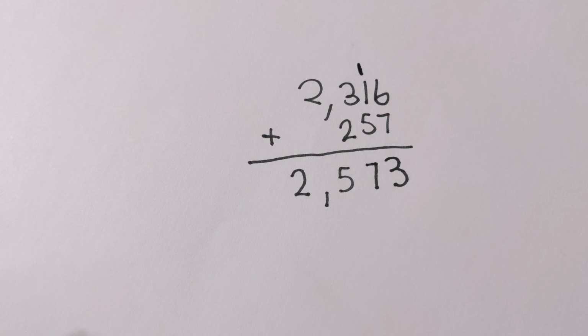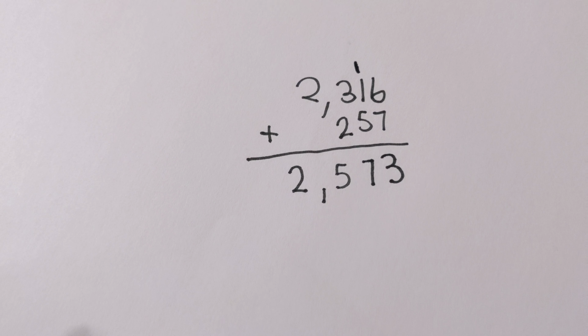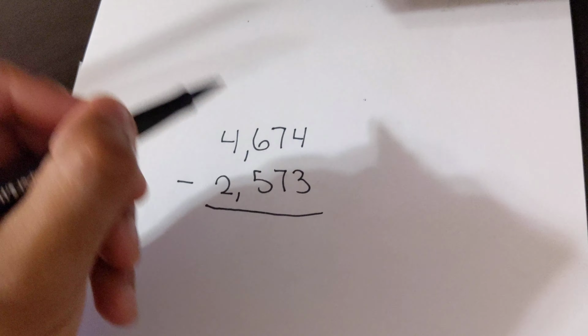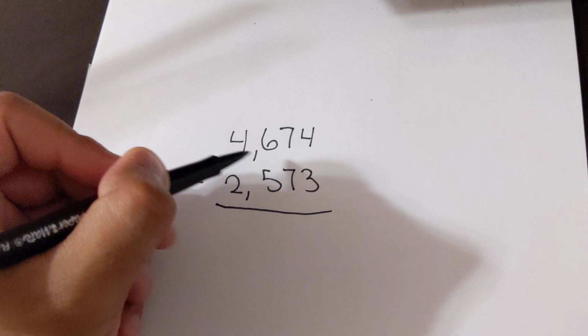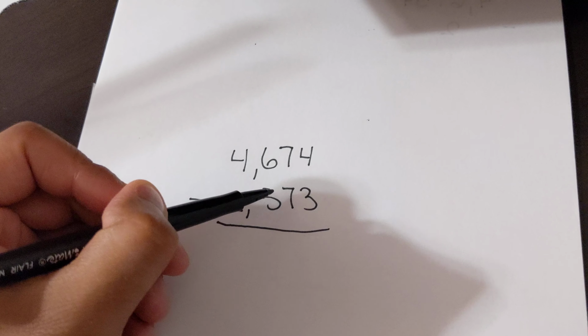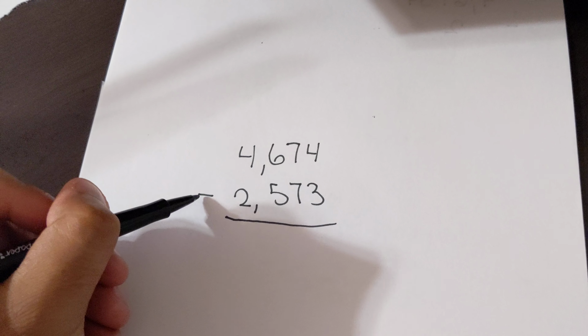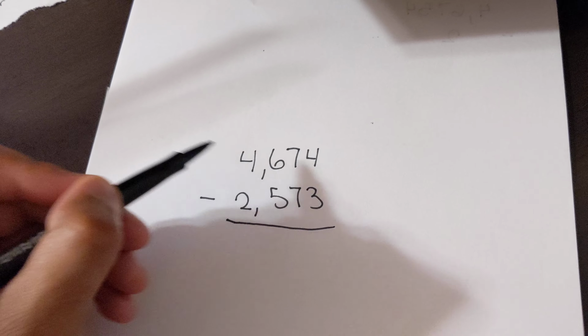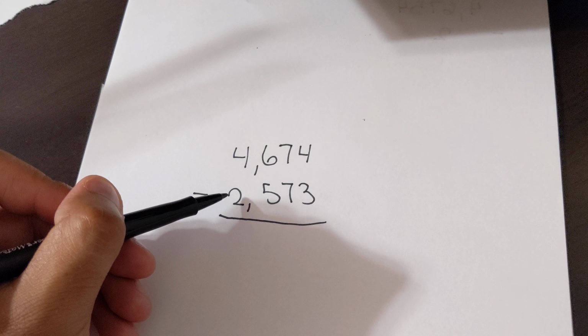Now I need to take this number and subtract it from our original 4,674. Watch me as I do it. And so here I have my subtraction problem lined up by place value with my appropriate operation, subtraction, the total number of people who are at the fair, and the total number of people who have left.